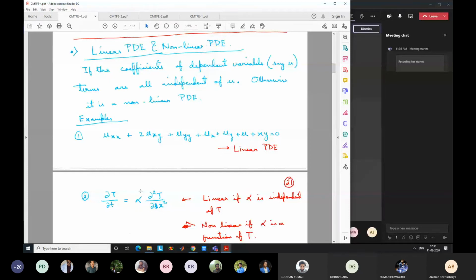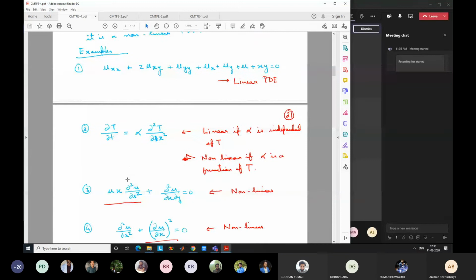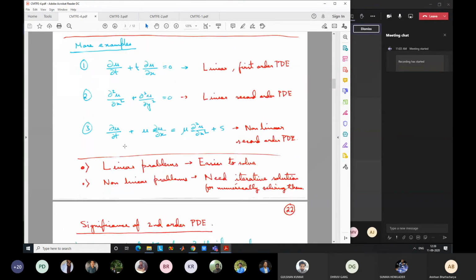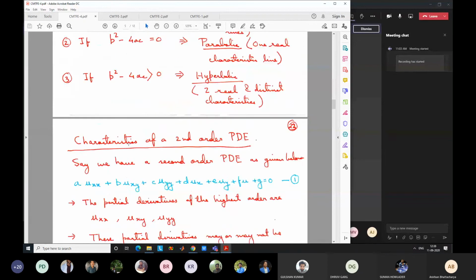But actually, this equation is only parabolic in the time coordinate. It is not parabolic in the space coordinate. So we cannot always generalize. We cannot just use b square minus 4ac and say this should be parabolic or hyperbolic. From the physical point of view, we have to understand. So that is just a rough guideline for us.